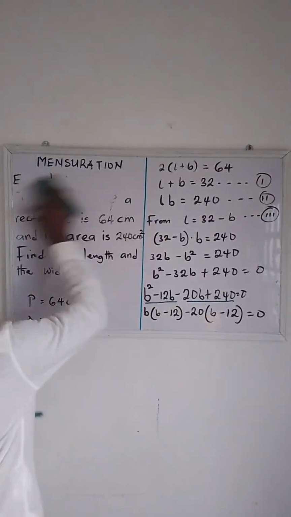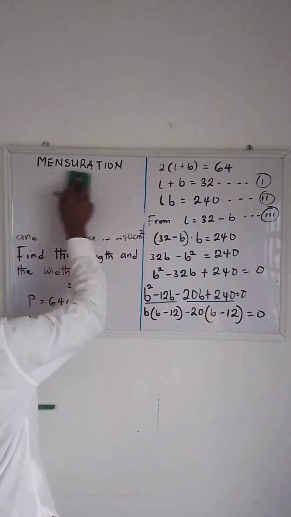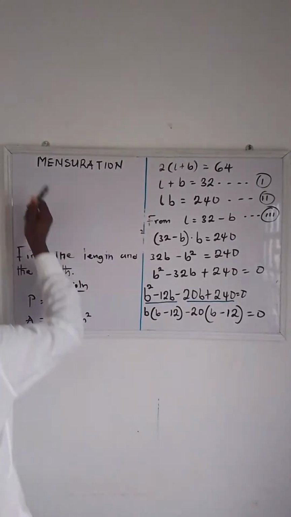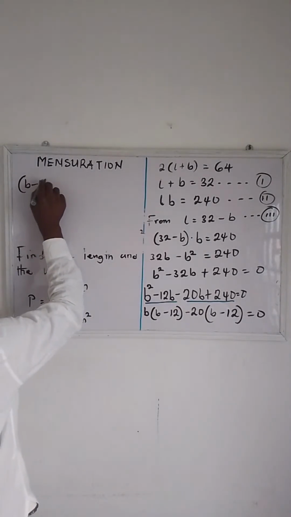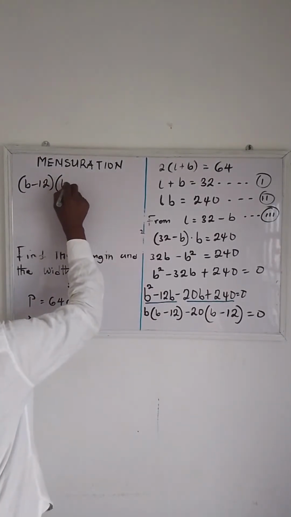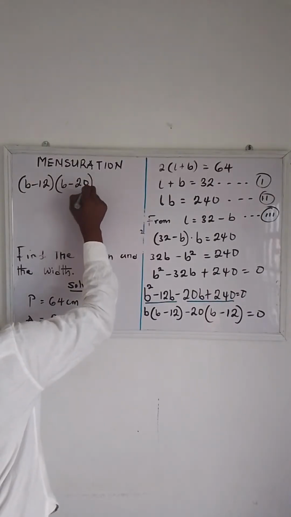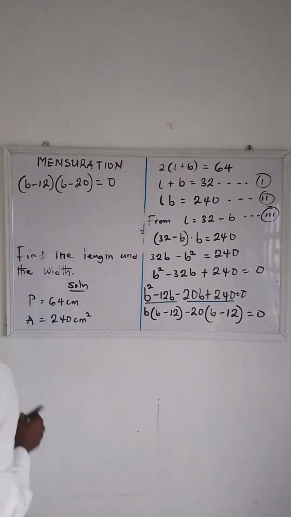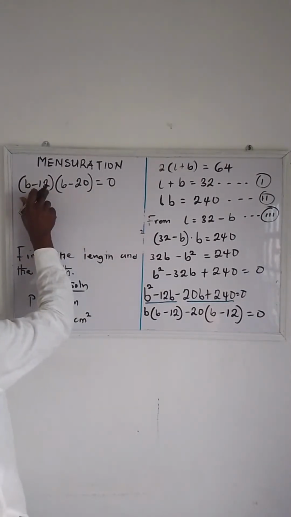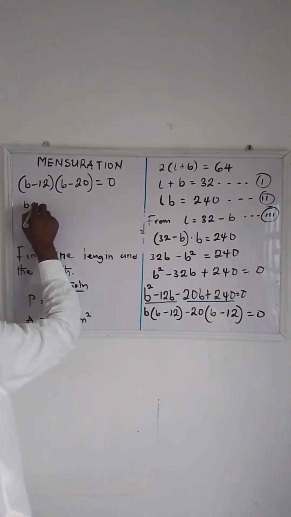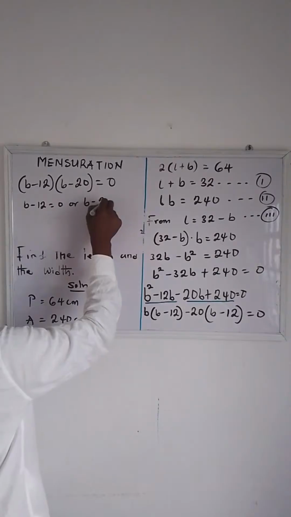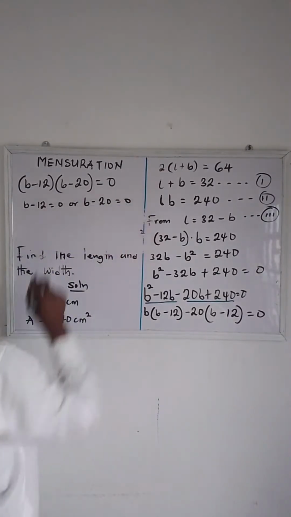When you do that, what do you have? B minus 12. We are left with this and this. So we have B minus 20 equals 0. We have two entities multiplying each other to give 0, so either this is 0 or this is 0. So B minus 12 is 0 or B minus 20 is 0.